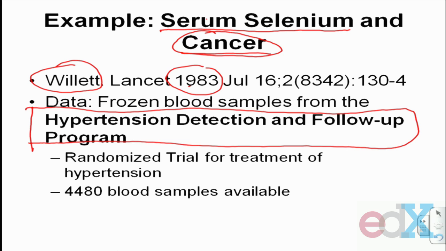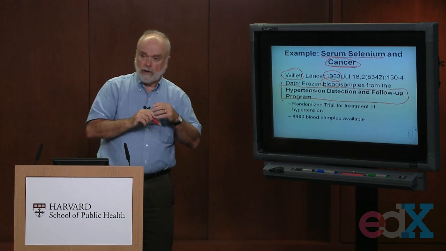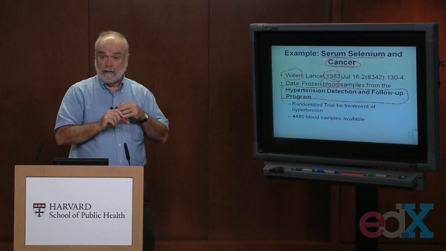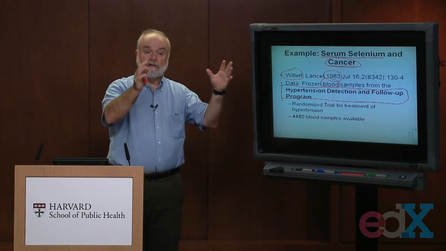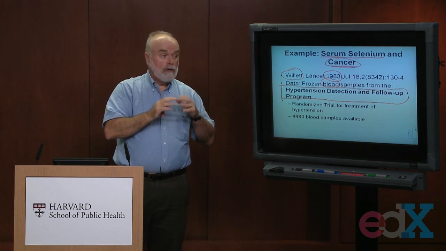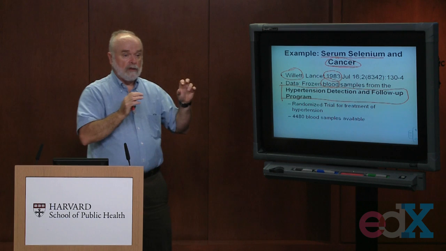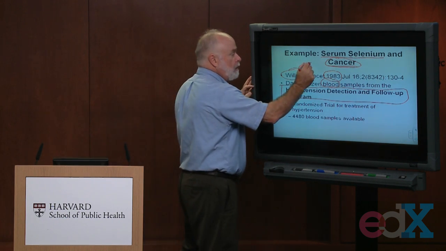What they also did is they took blood specimens for essentially half the people in that large hypertension detection follow-up study, and they put those bloods in freezers. So now imagine you're Dr. Willett. It's 1983, and you're given access to those freezers of bloods. You know which of those blood specimens came from people who later went on and developed cancer.